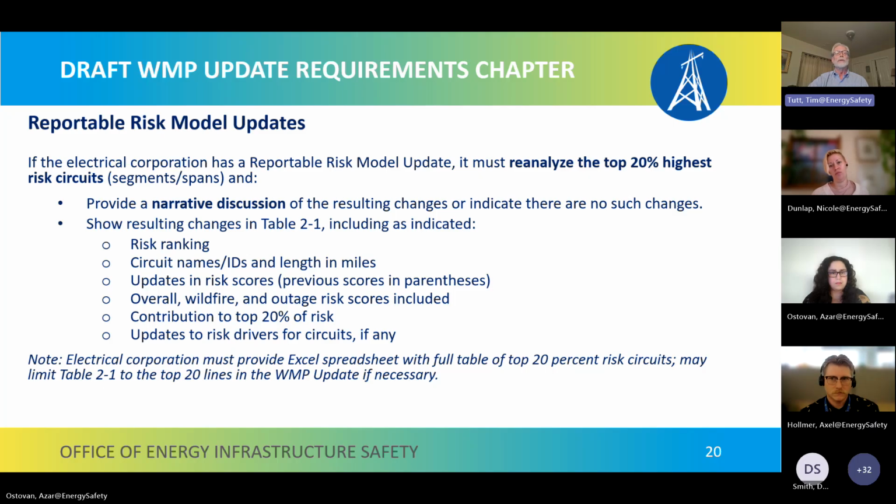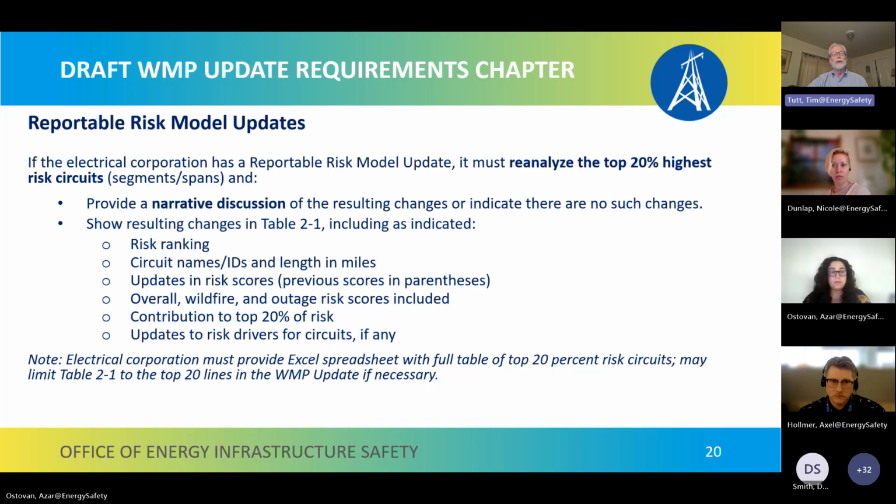Previous scores, if they're updated, should be in parentheses, and then the contribution to the top 20% of risk, that is, what percentage this circuit involves in that top 20% amount, and updates to the risk drivers for those circuits, if there are any updates to that.